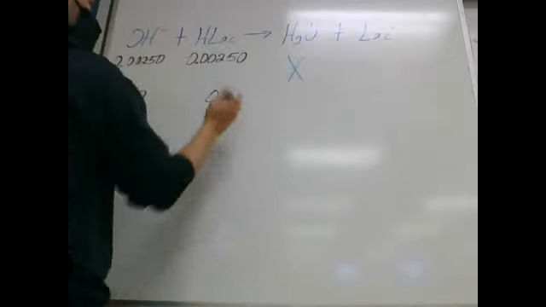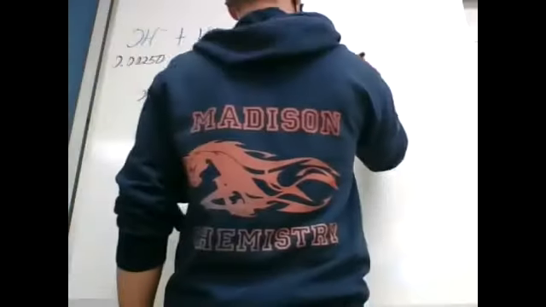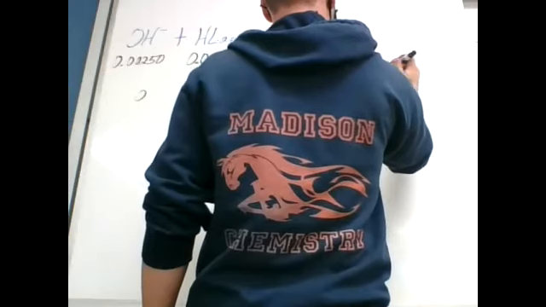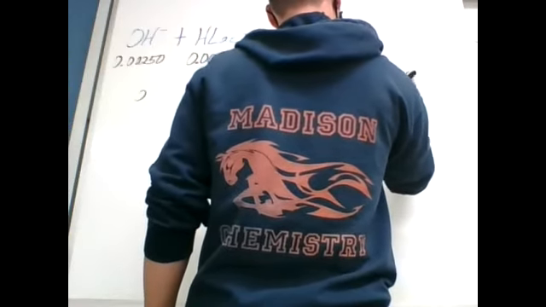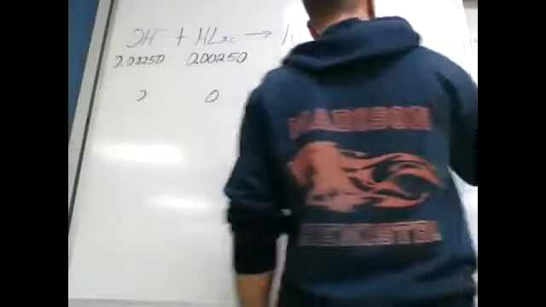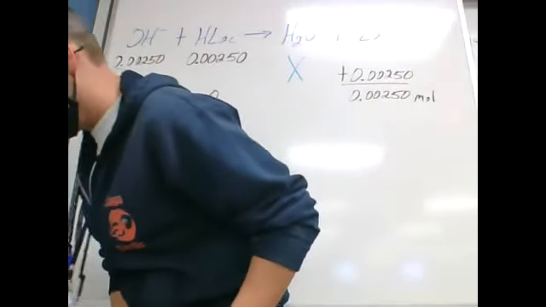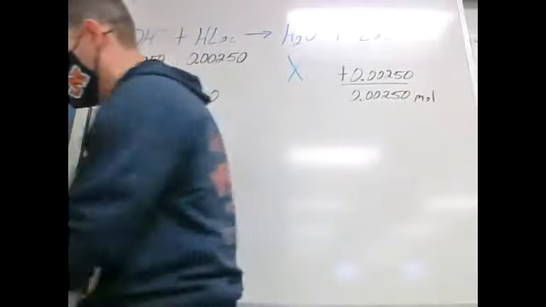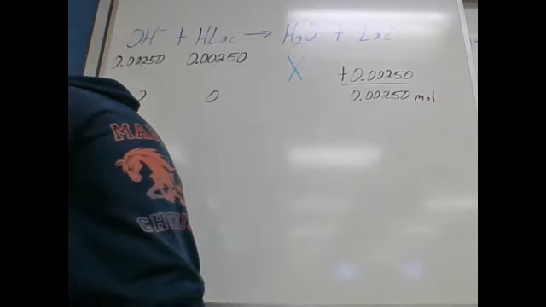So they both zero out, and it's going to make this one over here shift up by that much. But this question wants to know, well, first we need to figure out the liters to get to the equivalence point.